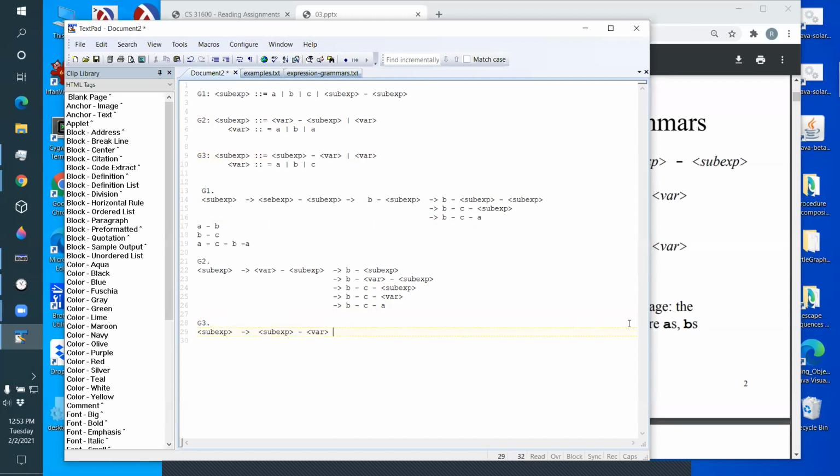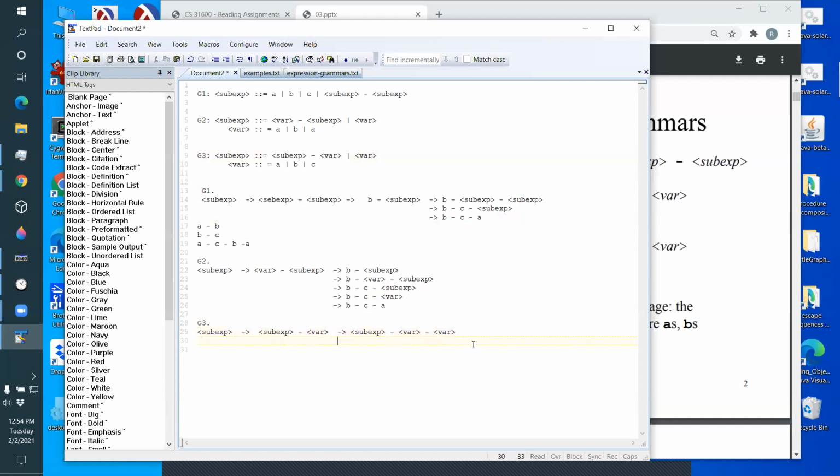Now, what can I expand this one into? I can expand that one into this thing again. Then there's still the minus var here. So I expanded this one into another one of these.